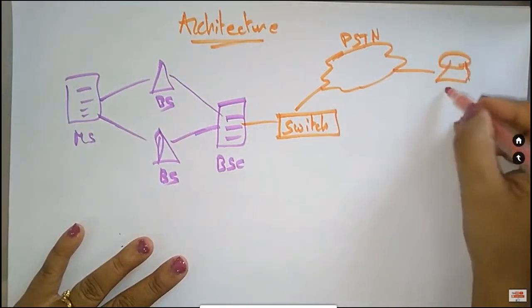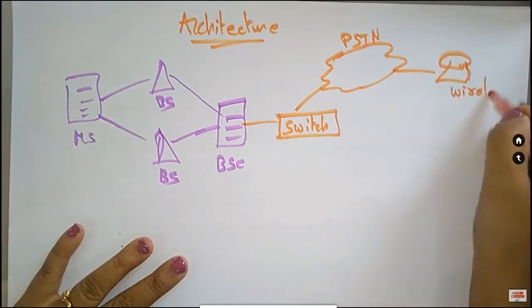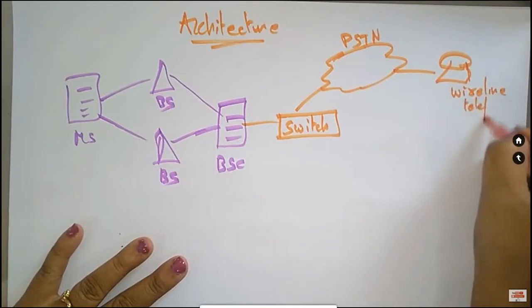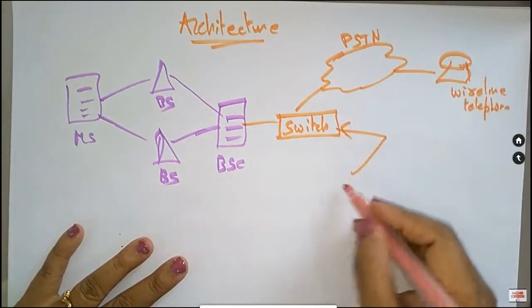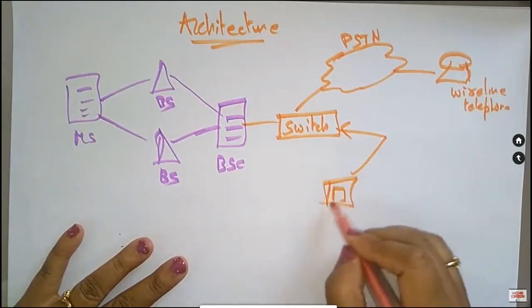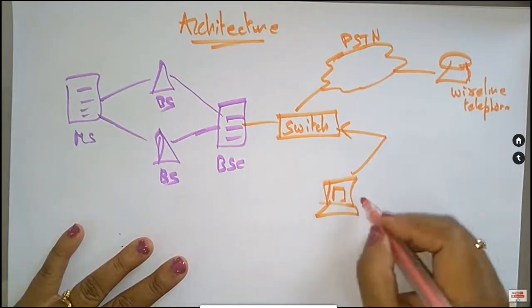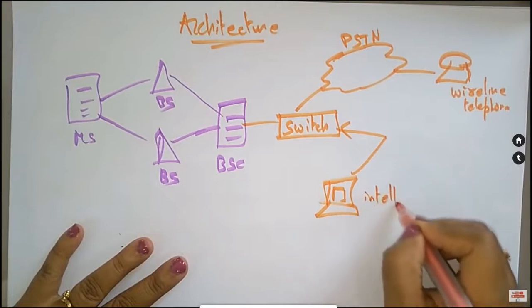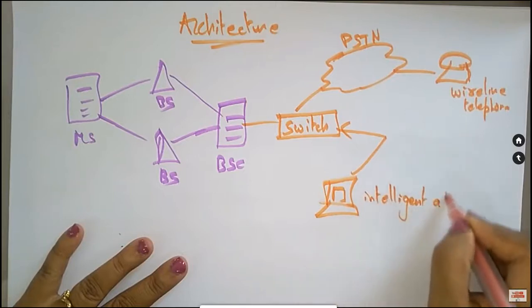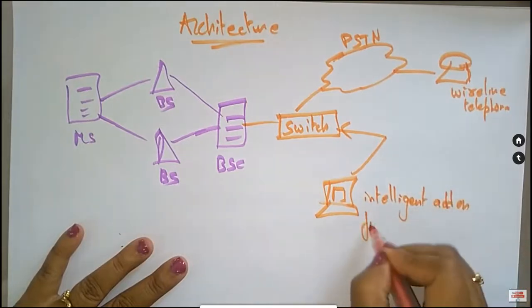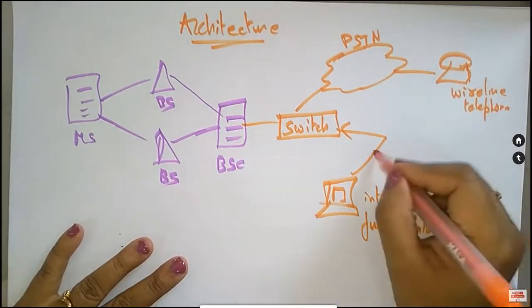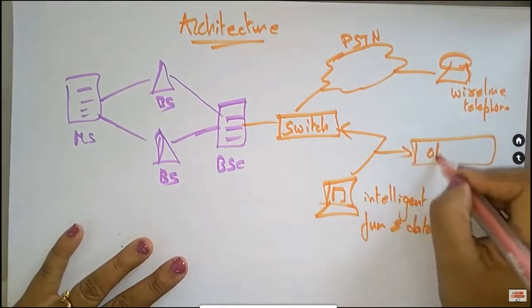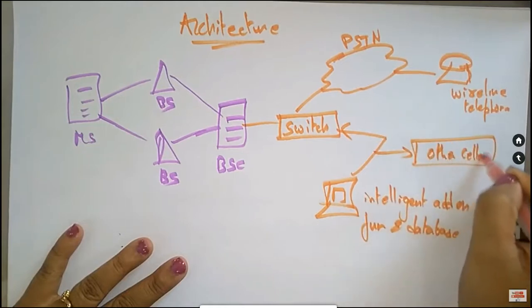It's a wired phone, a wireline telephone. This switch is also connected to the wireless intelligent add-on functions and database, and it also connects to other cellular switches.